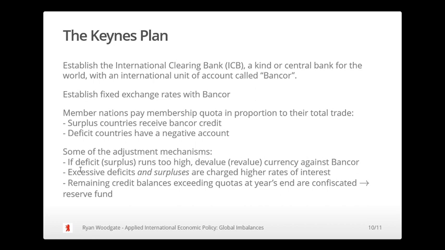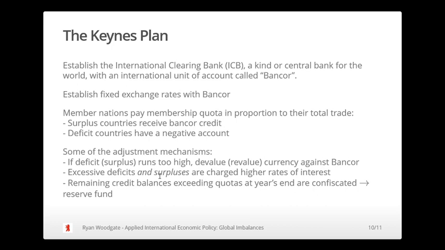The second, and this is perhaps the key, well, they're all quite important, but this is quite a key innovation, is to say that, yes, excessive deficits are charged higher rates of interest, and that's kind of already taking place, you could say, in the world economy. Deficit countries must finance their deficits, and they are charged an interest rate of some sort in order to do so. But of course, surpluses you can just hold on to and not necessarily be charged for holding on to surpluses.